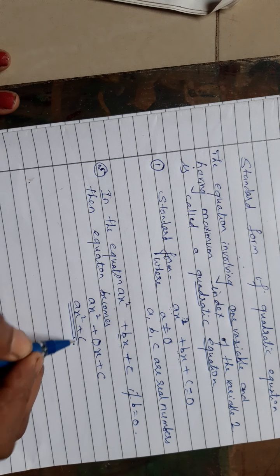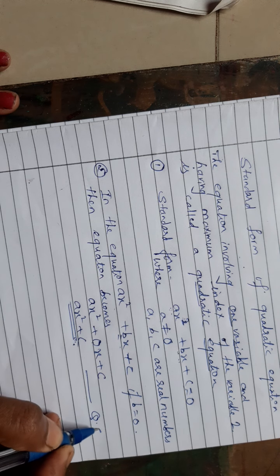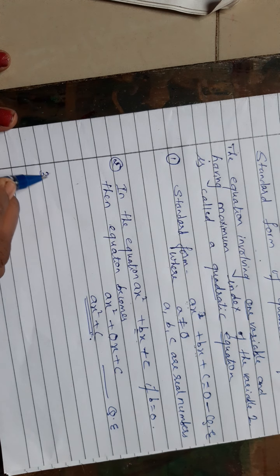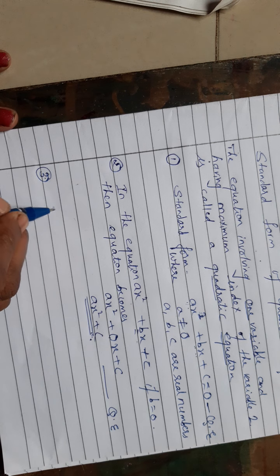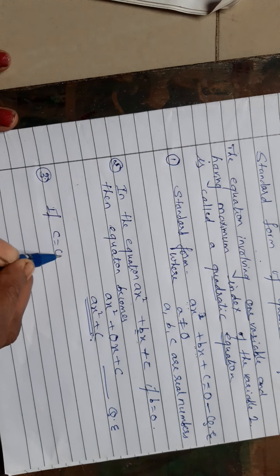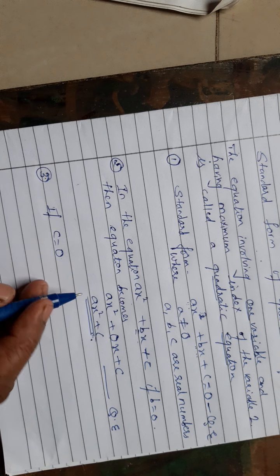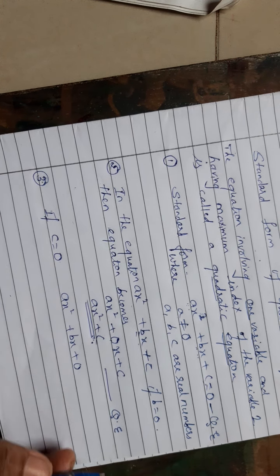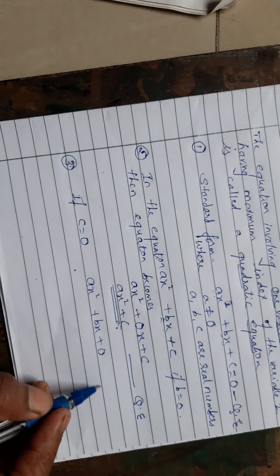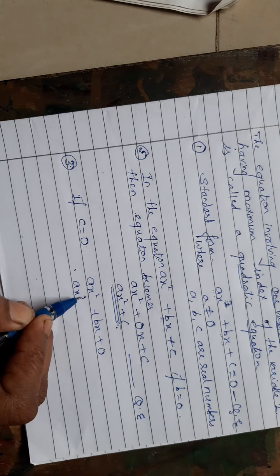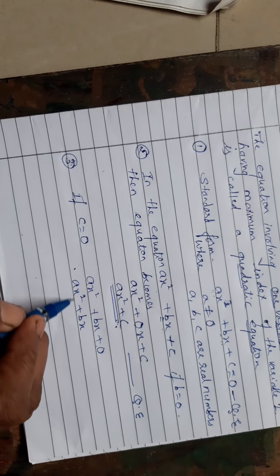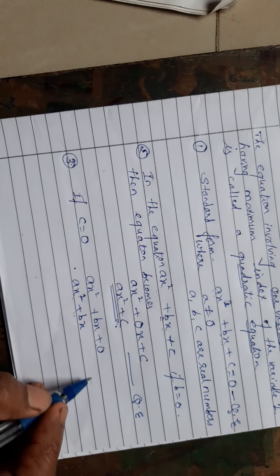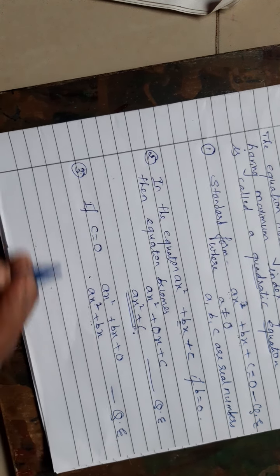So this is also a quadratic equation, also a general form. Third, if c is equal to 0, then the equation is ax square plus bx plus 0, which becomes ax square plus bx. Here the highest power of the variable is 2, so it is also a quadratic equation.